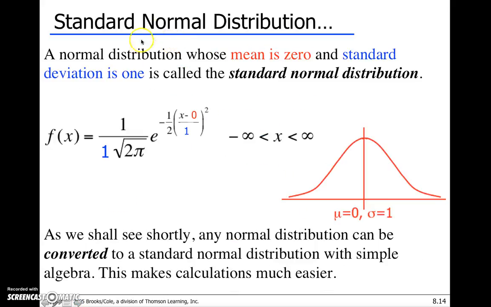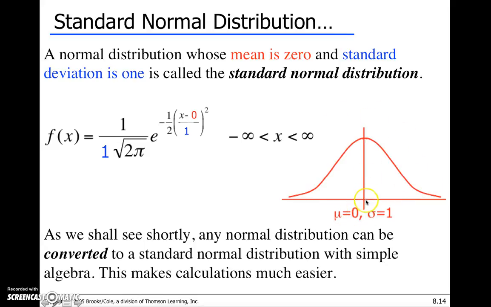Standard normal distribution. A normal distribution whose mean is 0 and standard deviation is 1, unity, is called a standard normal distribution. So we replace the mean with 0 and the standard deviation with 1, which gives you the formula for the standard normal distribution. The distribution has exactly the same shape.